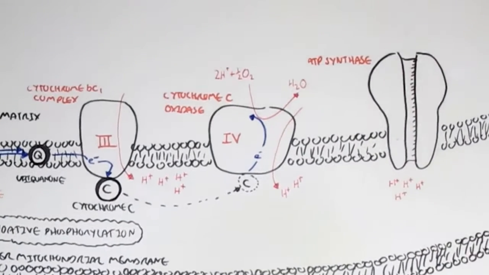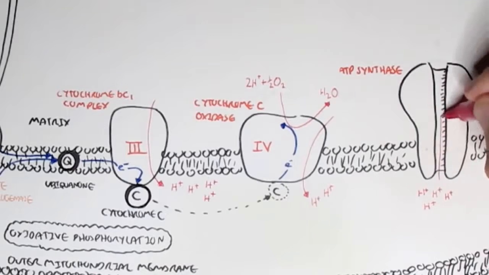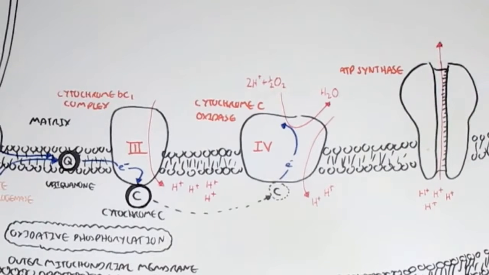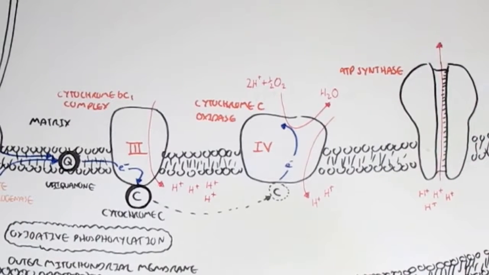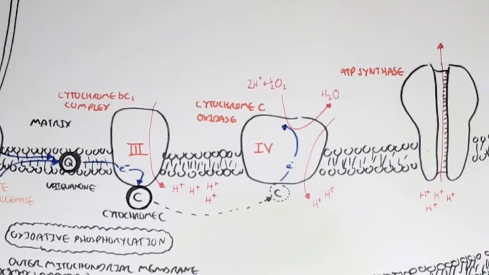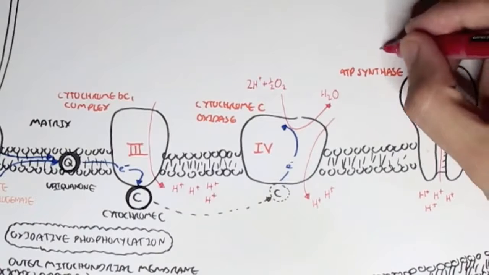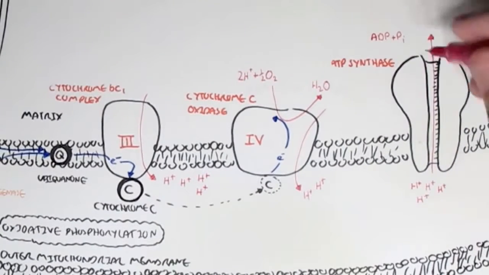As we pass them through the ATP synthase, this will provide energy to convert ADP with inorganic phosphate to form ATP. It's actually 4 hydrogen ions being pumped, which will convert ADP plus inorganic phosphate to form ATP. So 4 hydrogen ions will equate to 1 ATP.